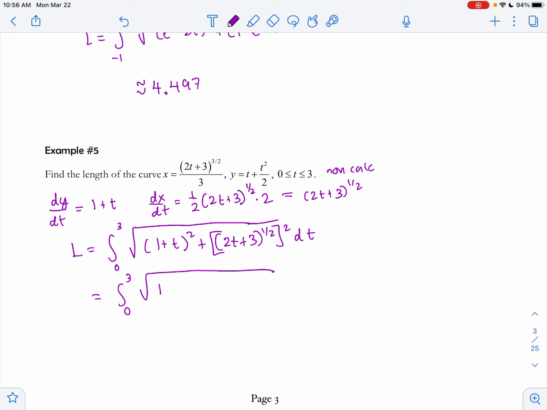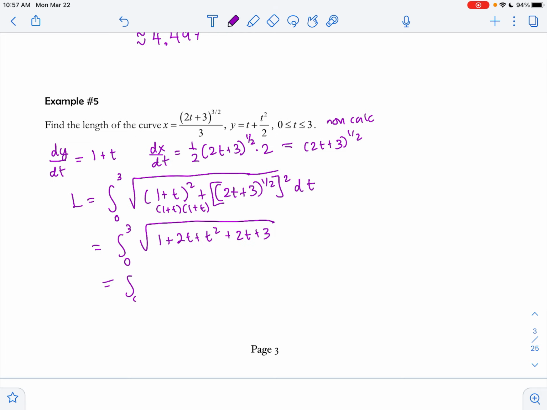So what I'm going to do is start to FOIL out. Remember that you've got 1 plus t times the quantity 1 plus t, which is not 1 plus t squared. Right, because we've got the middle terms that we have to FOIL out as well, which is 2t plus t squared. And then this expression, again, is just 2t plus 3. Usually what this is going to result in is something that is factorable again.